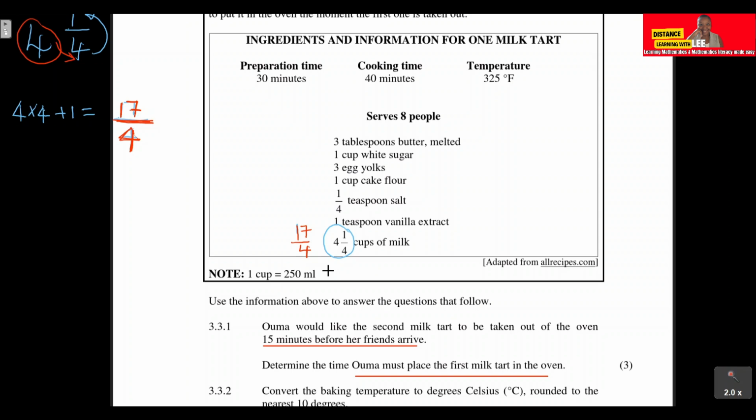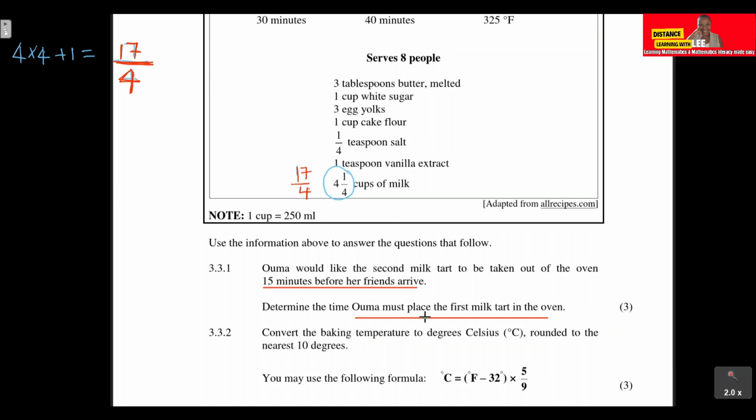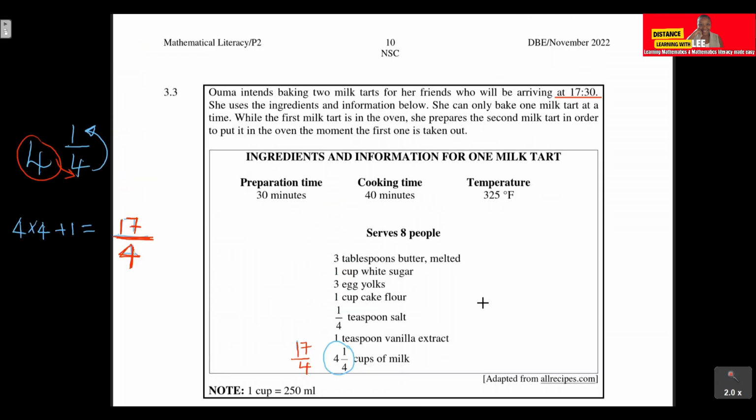So it means that she wants to make two milk tarts, and the last milk tart needs to be taken out of the oven 15 minutes before her friends arrive. And we are told that the friends will be arriving at 17:30. Okay, so now what time must she place the first milk tart in the oven? Okay, what do we need to do? So yeah, now we need to basically work backwards, right?